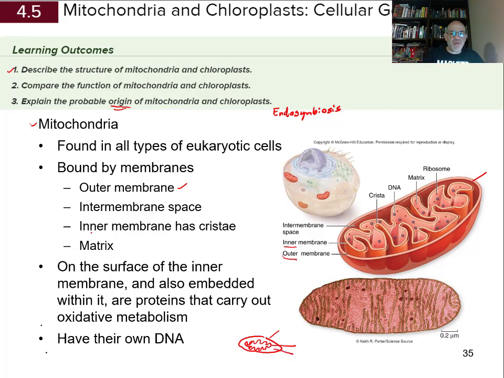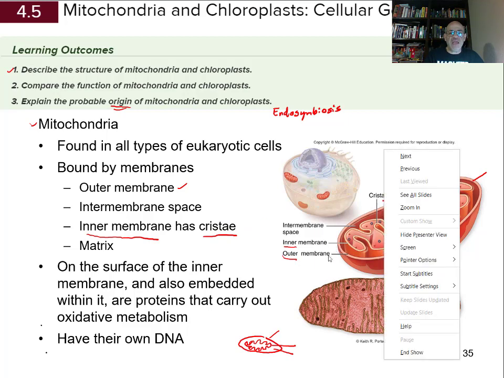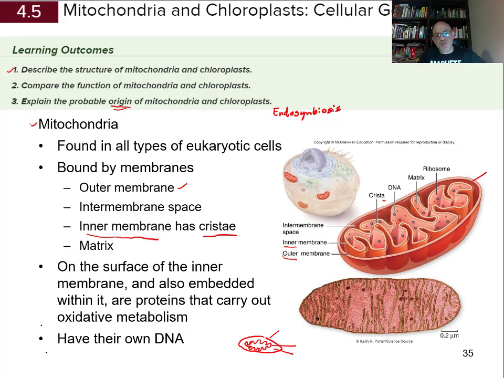And then there's going to be an inner membrane, which is what it's called, and it's going to have folds called cristae. Cristae is plural. Crista would be singular, so you can see they're pointing at one fold and the plural ends in an a. The rules for singular and plural are a little bit different because they use the rules of grammar in Latin. And then the matrix is the gel-like fluid-filled inside of the inner membrane.